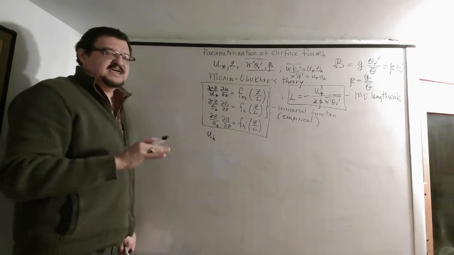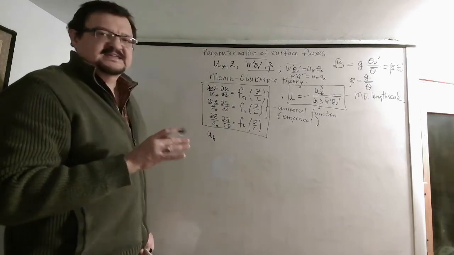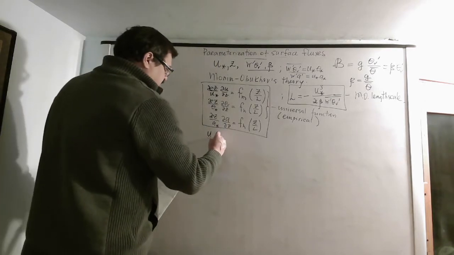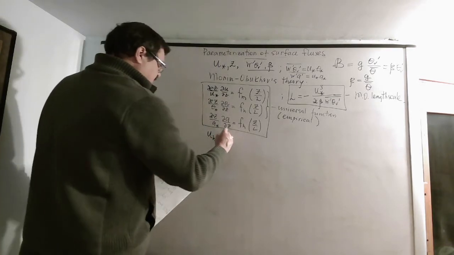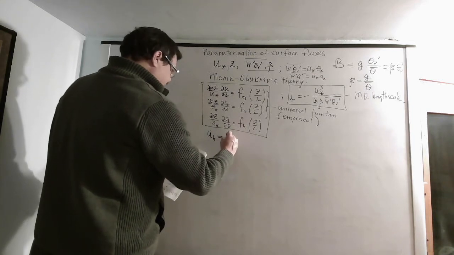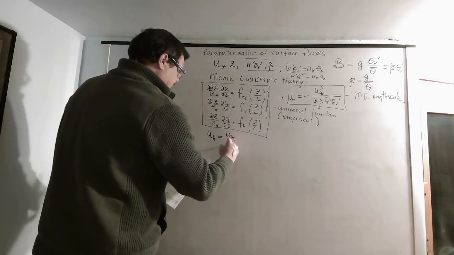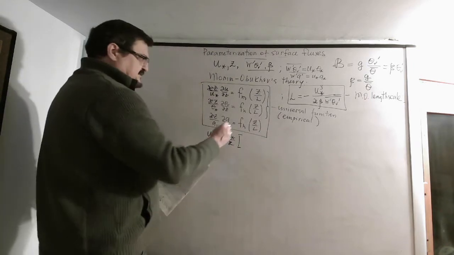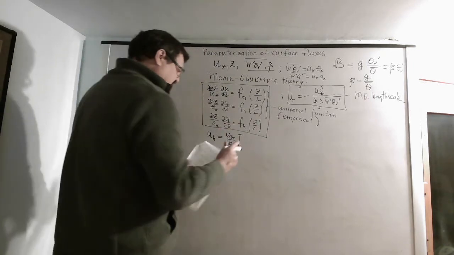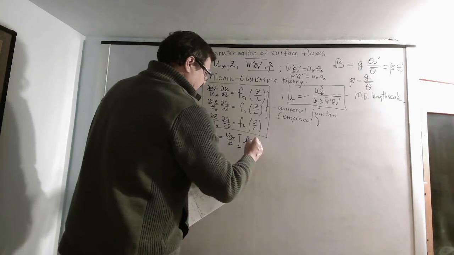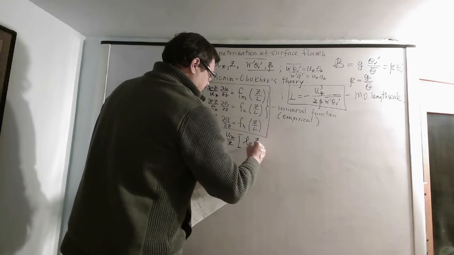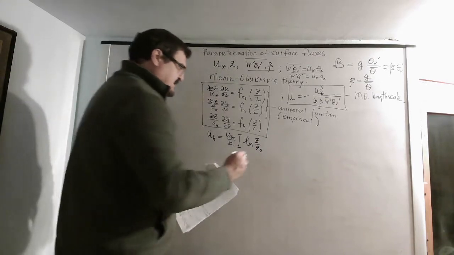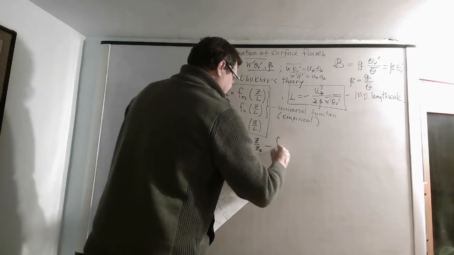Generally h is something like 10-20 meters. U h equals u star divided by kappa, and this function is defined such that we have the first term for our neutral case and minus an integral.